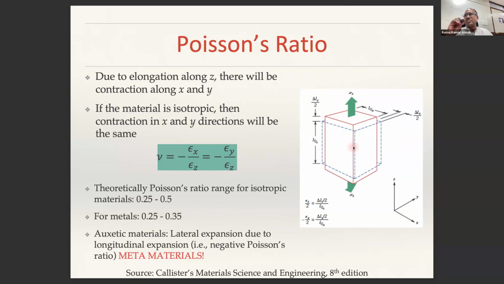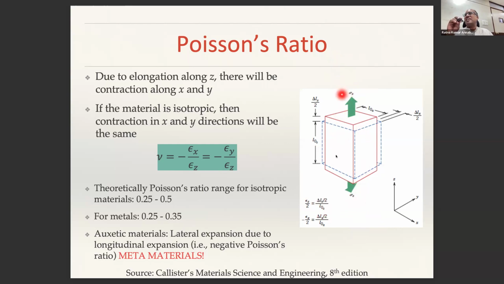There is a lateral contraction in the body, which means if the material is isotropic, the lateral contraction in the x direction as well as the y direction will be the same. This is the x direction and that is the y direction. Now suppose you are pulling the body in that direction, the strain will be positive in the direction of the application of the load, isn't it?